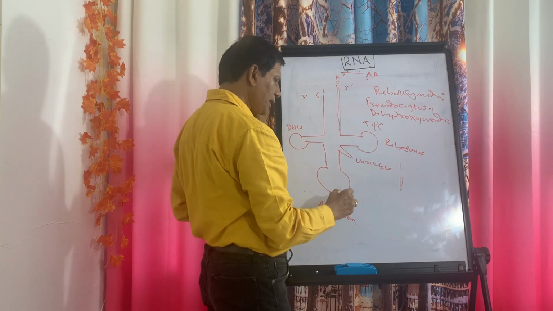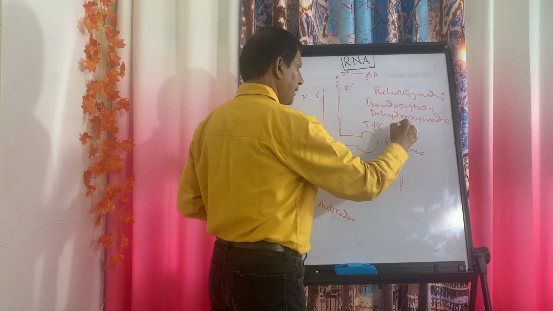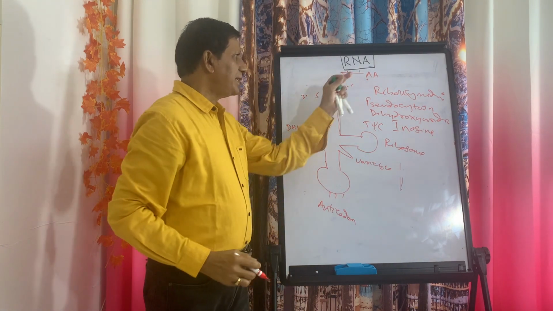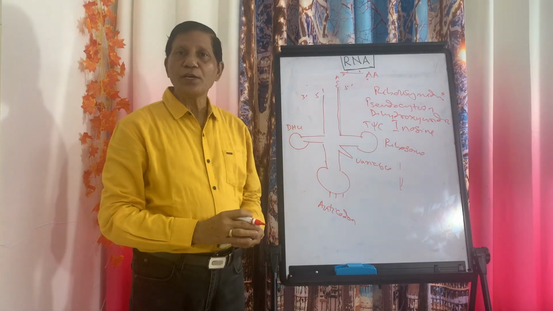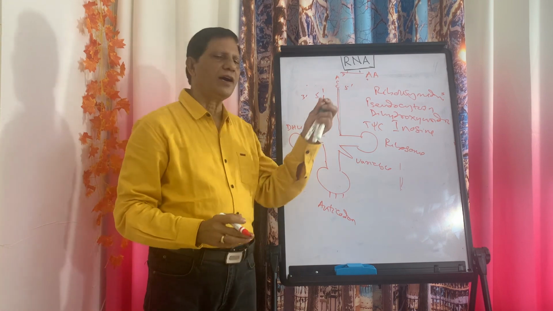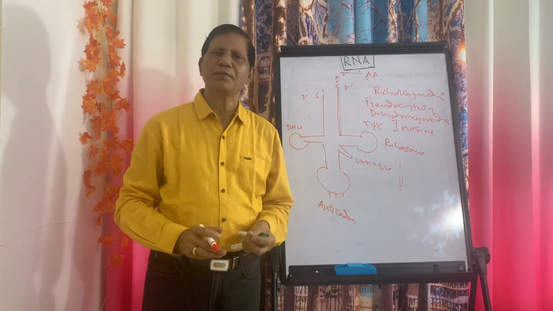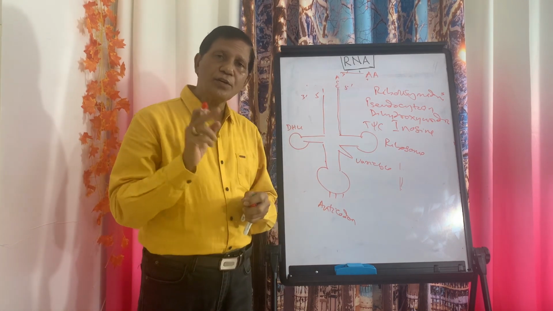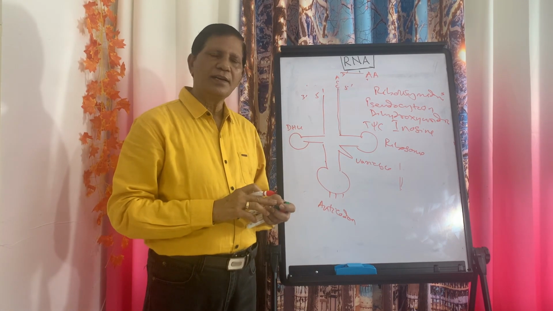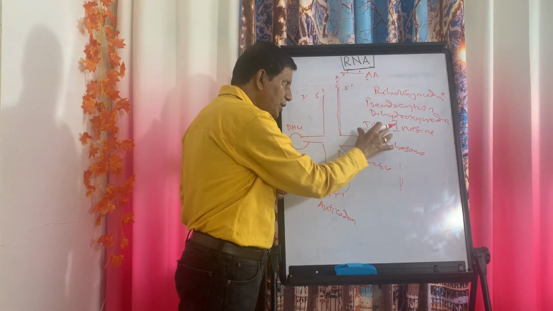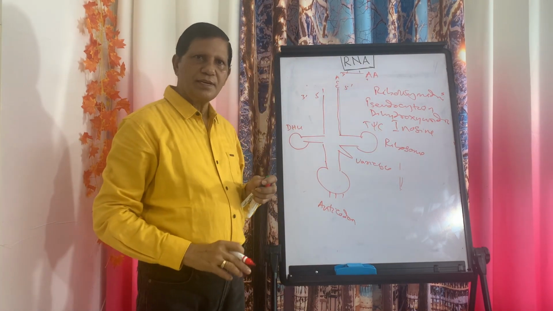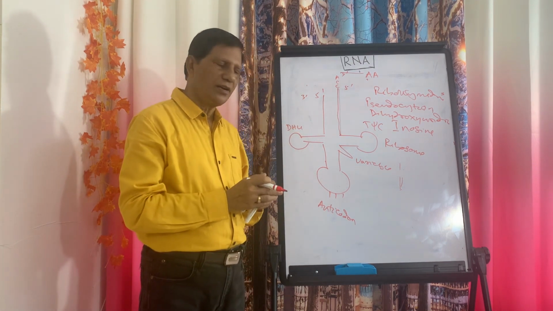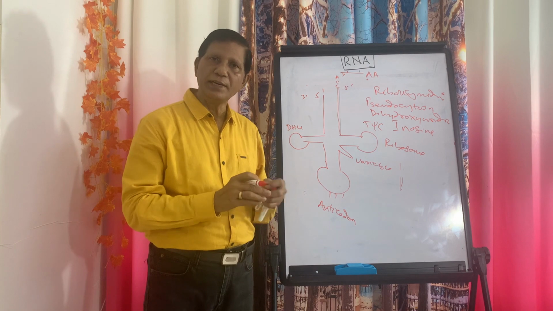And here in the anticodon, sometimes we can get inosine. These bases are unusual bases present in tRNA. This is very, very important from the examination point of view. Now why are these unusual bases present in tRNA? The presence of these unusual bases makes the tRNA a coiled and stable structure like this, so it helps in its function.